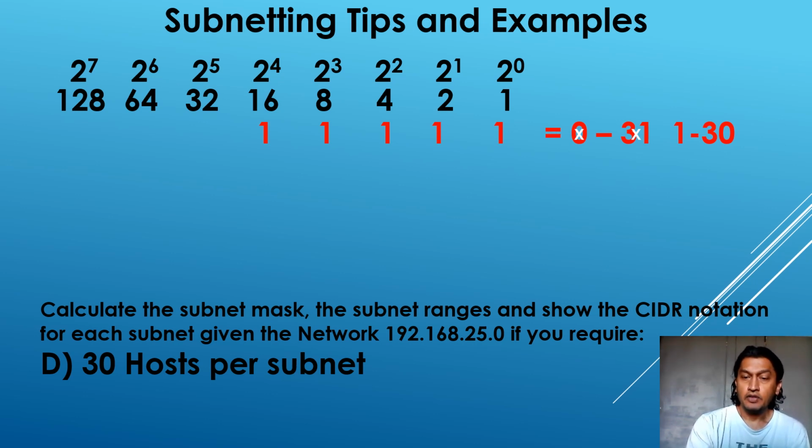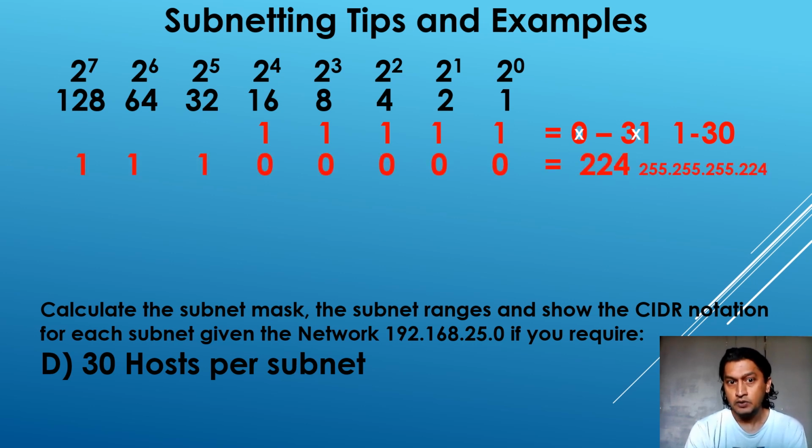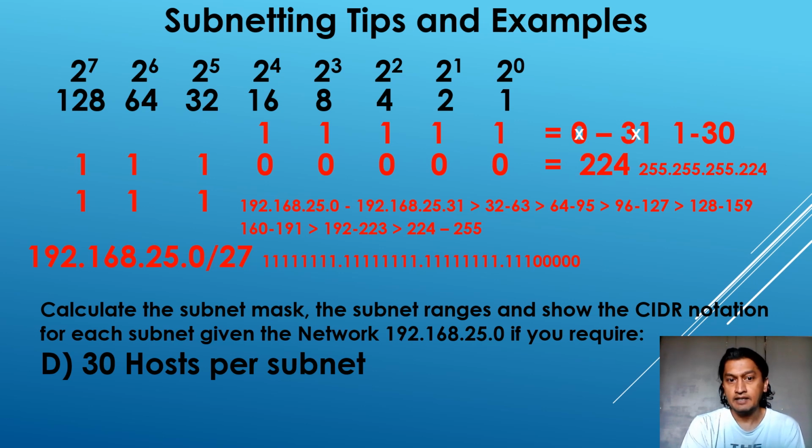Everything else is exactly the same. Those 5 ones are host bits. Host bits are 0, so those become 5 zeros, and the 3 bits that are left become 1s. Add that up, you get 224. The subnet range is exactly the same.